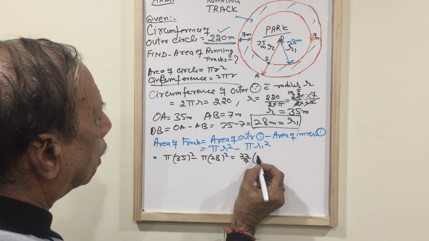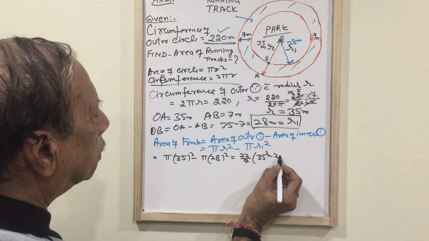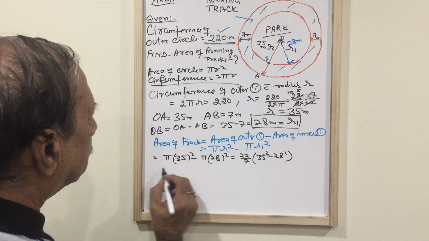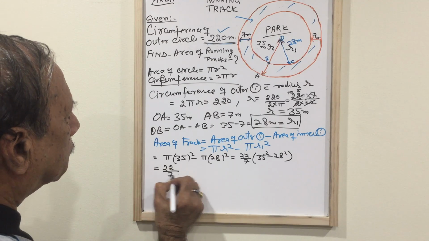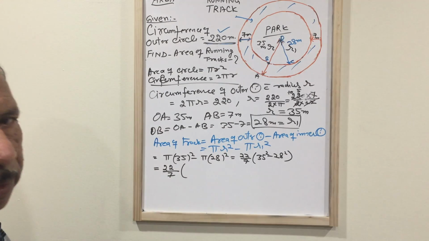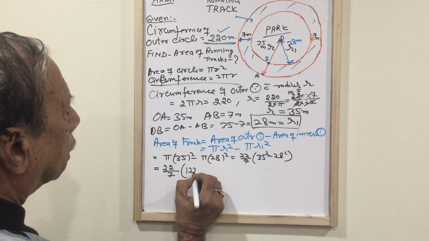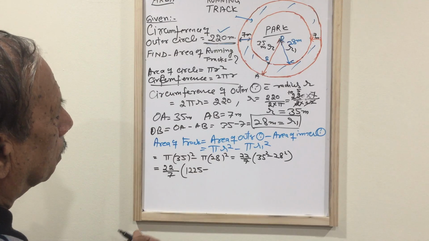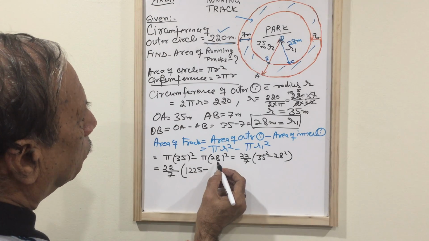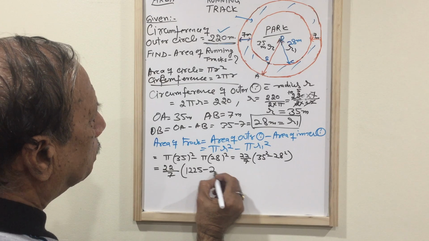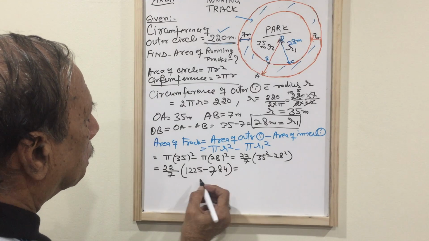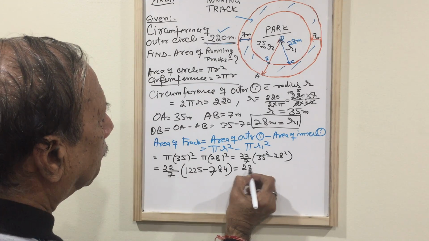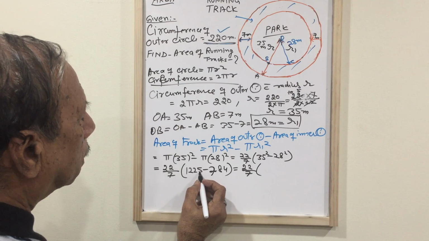It is 22/7 into 35 square minus 28 square. 35 multiplied by 35 is 1225, and 28 multiplied by 28 is 784. If we subtract this, now solve it.